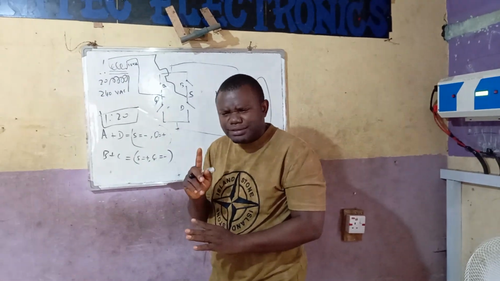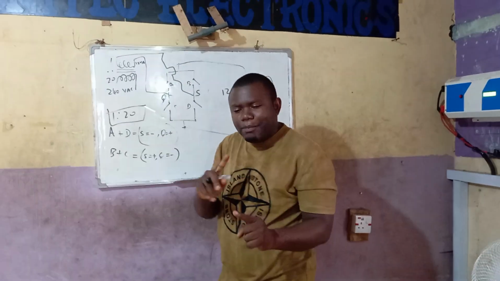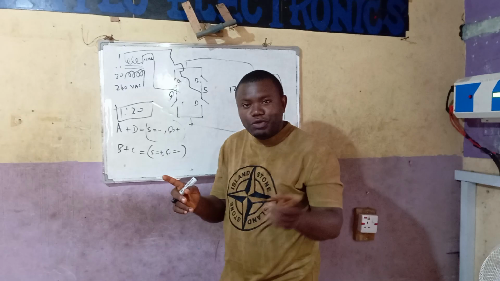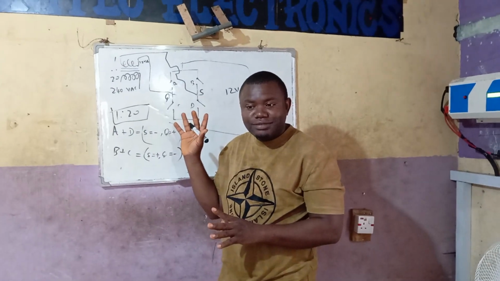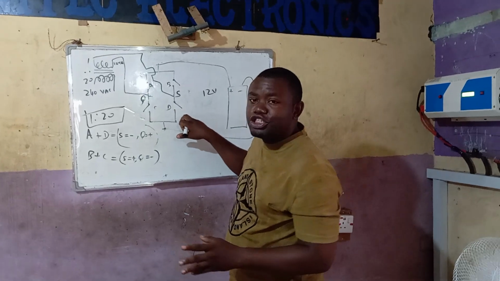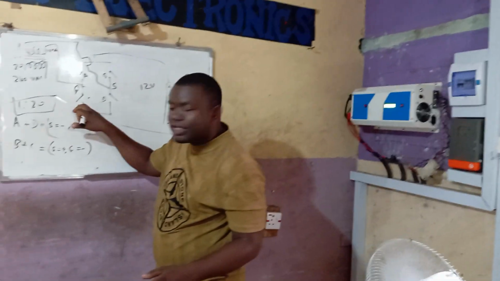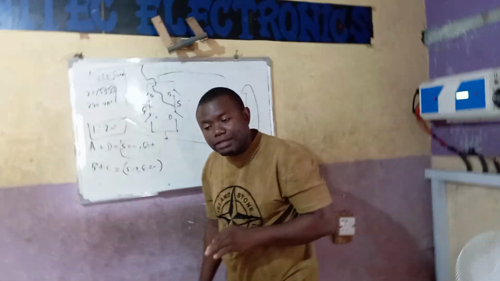Before 1 second is completed, you must have done the A and D relationship 50 times, and the B and C relationship another 50 times.